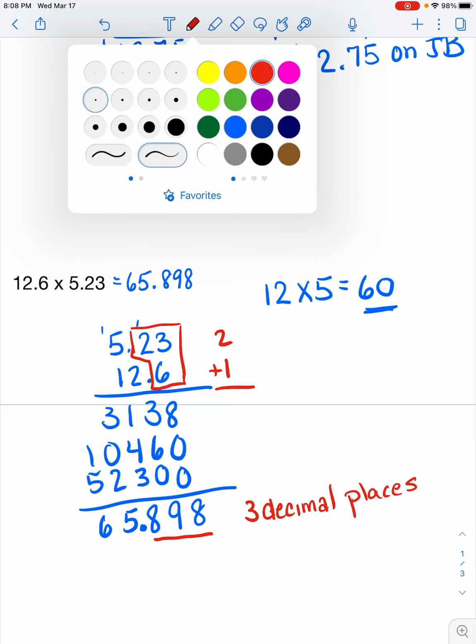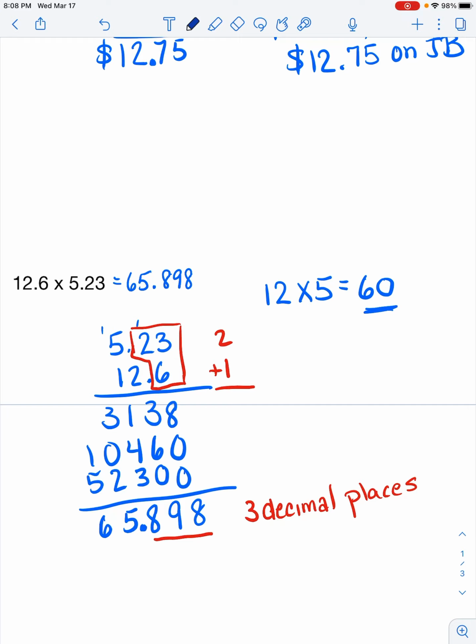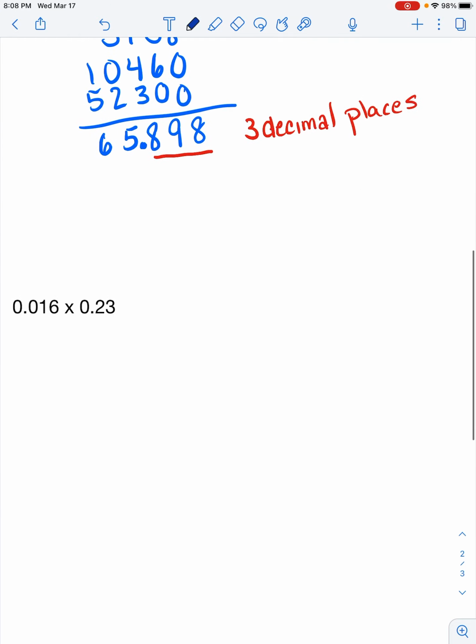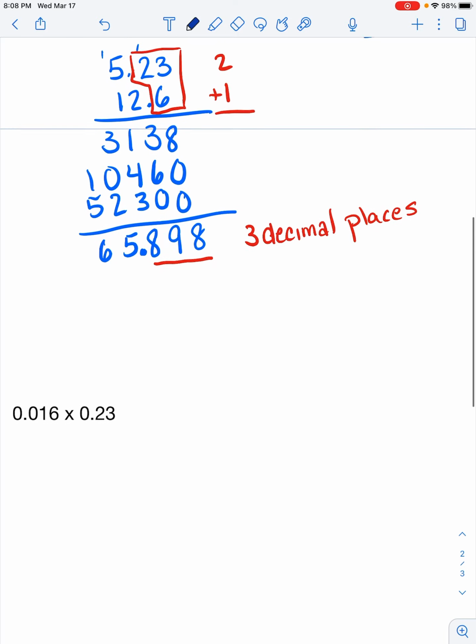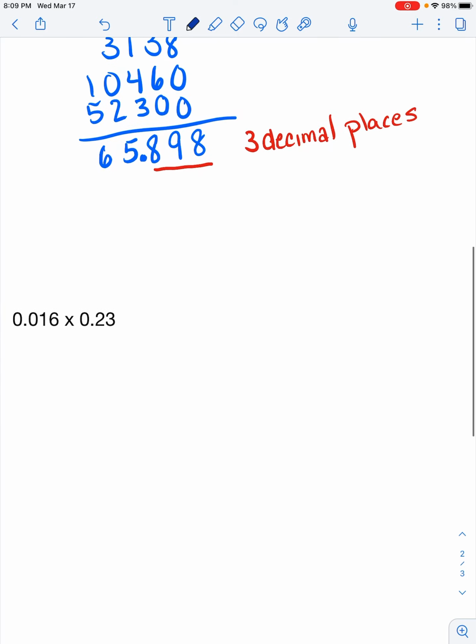Okay, let's do one more problem. When we work with small numbers, it's very, very hard to get an estimate. So that's when I defer to this counting the decimal places.